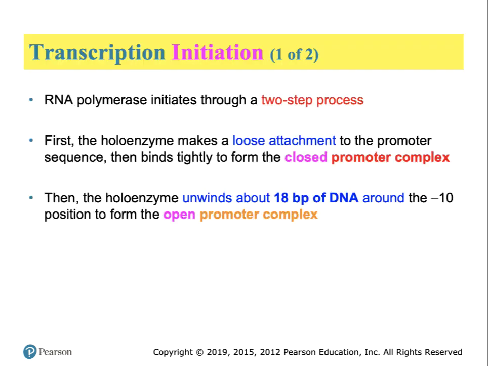The second of the four-stage process of transcription is initiation. Initiation itself is a two-stage process where the RNA polymerase interacts with the promoter in two subsequent events. The first of these is a loose attachment to the DNA called the closed promoter complex.